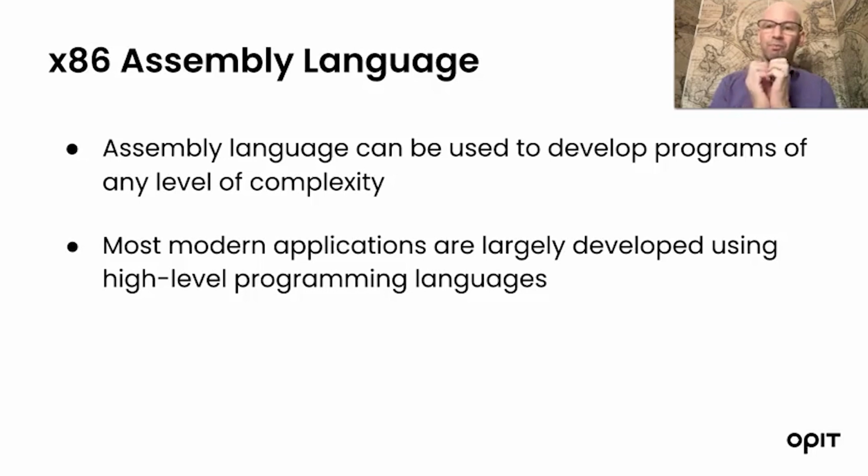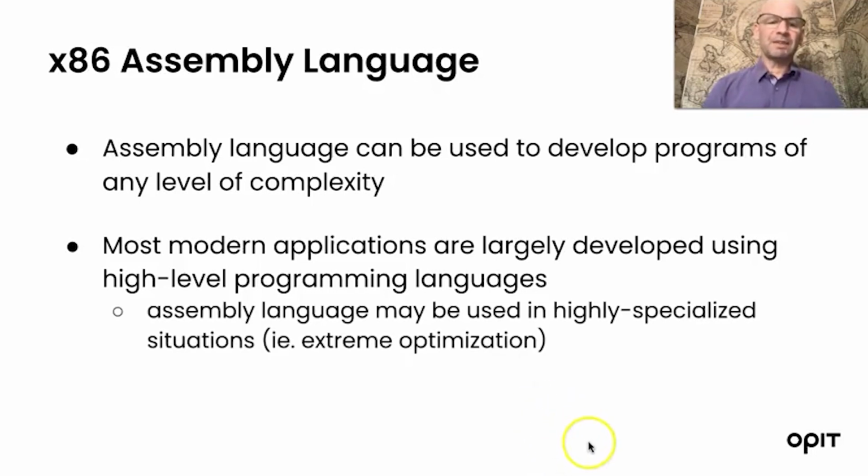Assembly language code is much smaller, 8-bit for example, whereas the next level up, C coding, at 16-bit takes up much more space per instruction. So back then, when processor access was at a premium, writing in assembly language was actually considered to be much more efficient, of course. So assembly language may still be used in highly specialized situations, like I'm mentioning here, where you want to perform extreme optimization.